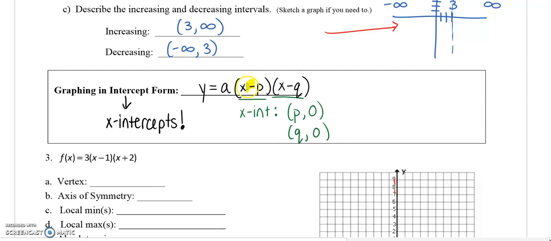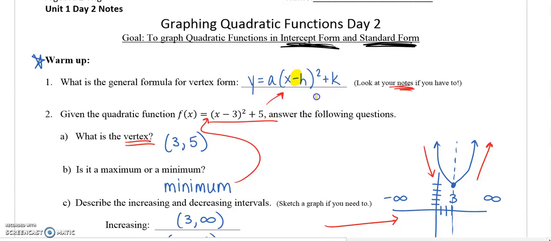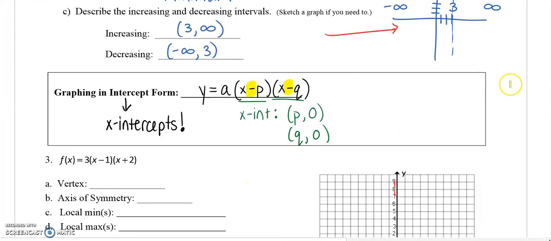And notice how these have minus signs in them? Kind of like how vertex form has that minus sign in it. Remember what we do with the h that's kind of unique? We take the opposite of it. Well, same thing with p and q. So these numbers you just have to remember we are going to take the opposite of them.